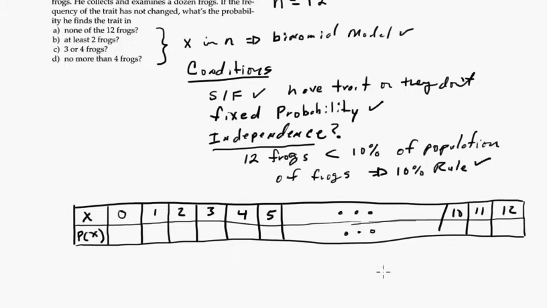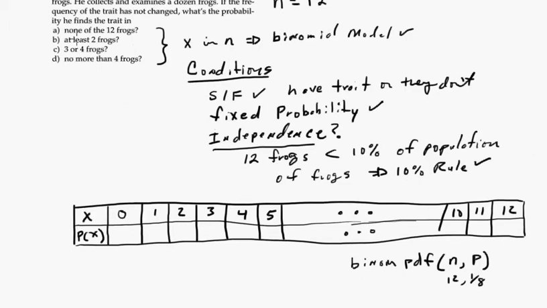If you wanted to fill all these in, you could use the function binomPDF, and put in 12 and 1/8, and it would give you all these probabilities, which might be useful.